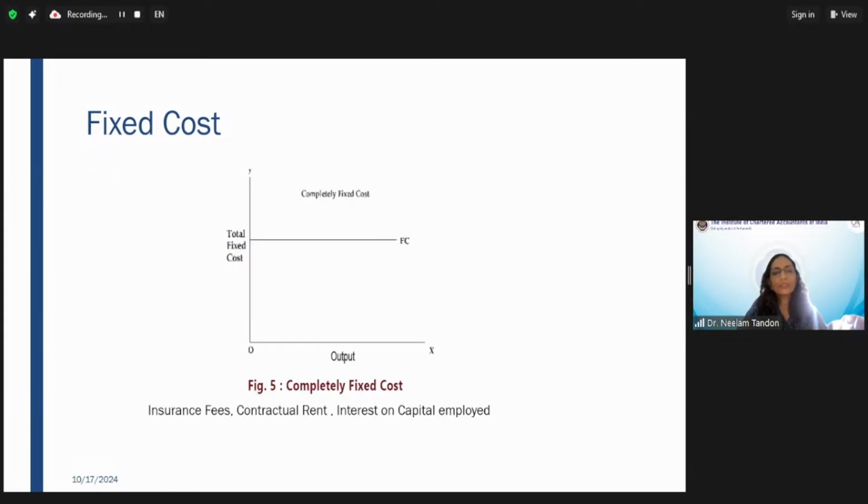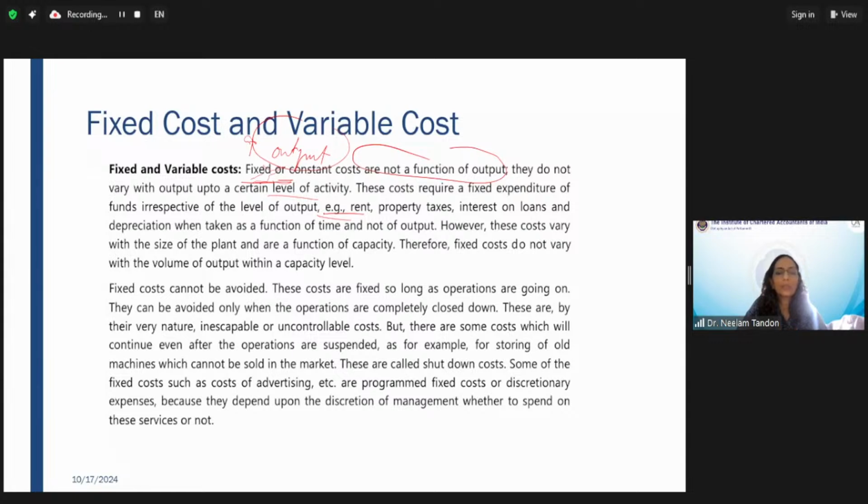Okay, so when we talk about fixed cost, if the firm is huge, एक बहुत बड़ी firm है, उसकी fixed cost उतनी ज़्यादा होगी because they will be working on scale. And once they work on scale, they require more land, they require sophisticated machines, they require skilled people. Yes.